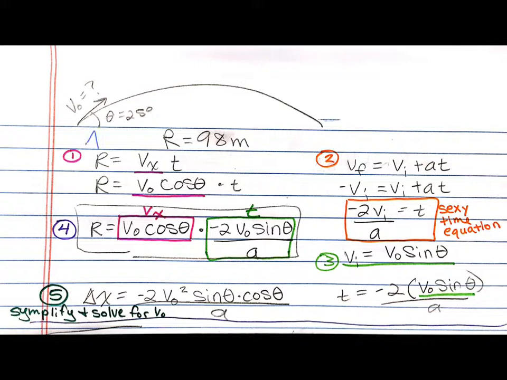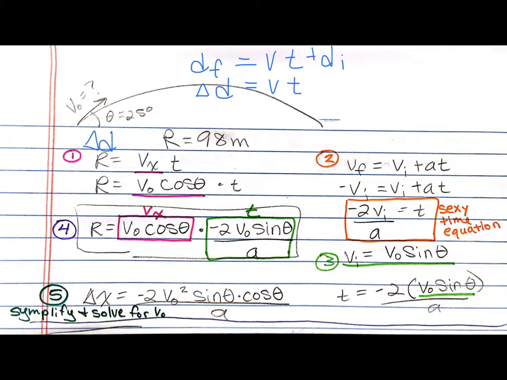This would be delta d or delta x is equal to vx times t. So this is just coming from that equation, d final is equal to vt plus d initial. We know that that's the same thing as saying delta d is equal to vt.